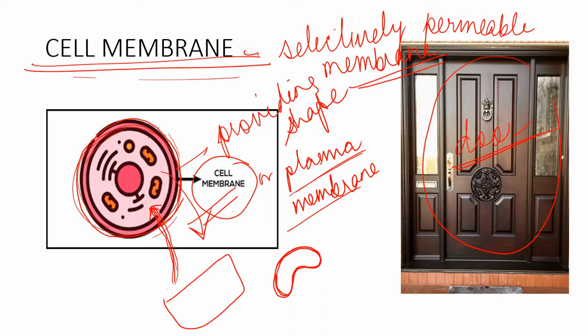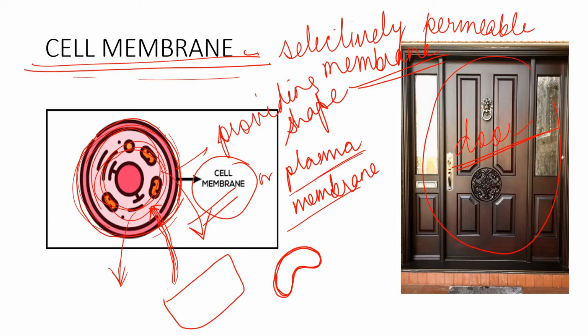Then again, certain waste materials are produced in this cell. Suppose if waste materials are not excreted out of the cell, then this is going to damage the cell. So for that purpose, the cell membrane will allow those waste materials to come out of the cell. So you can see that it keeps on regulating.